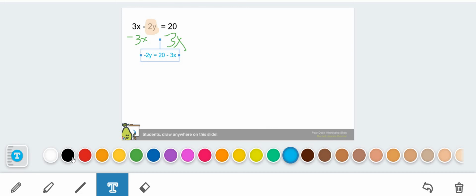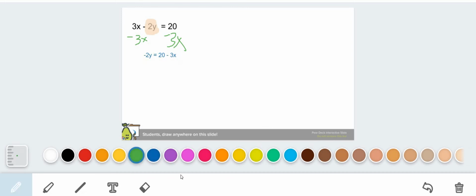And now what we do is, I'm going to use green. So I have to divide what's next to this y, and it's negative 2, so negative 2. And again, the whole thing has to be divided by negative 2.